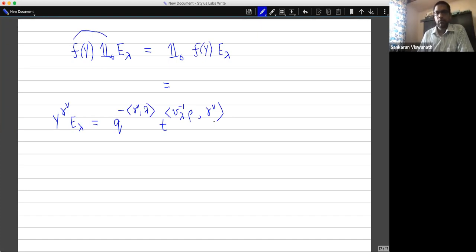So this is the power of q's and t's, and this is what we call the evaluation map. It's the evaluation at v lambda inverse rho minus lambda of y to the gamma. So this is the eigenvalue on a given term of the form y to the something, and the evaluation just says, by linearity, you apply it to every term in fy. So this is a linear combination of monomials in q's and t's.